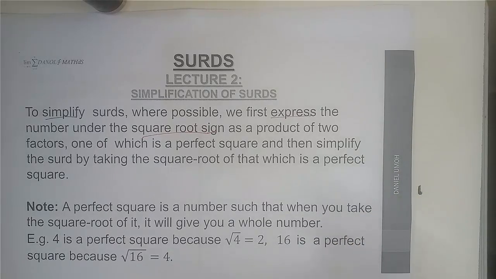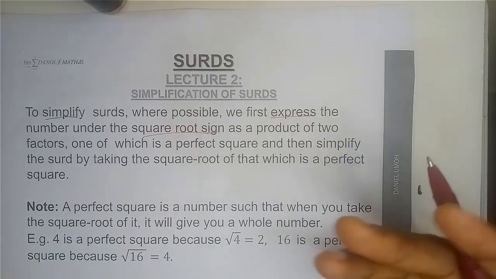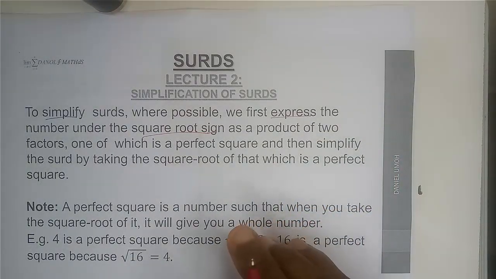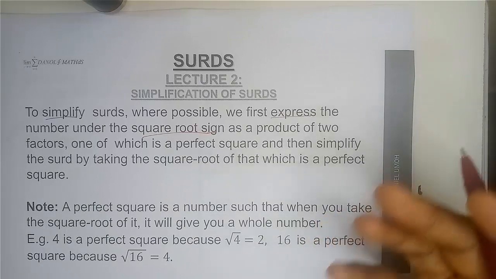To simplify surds where possible, remember, it is possible for surds to be in a simplified form. So when the surds are not in a simplified form, we need to simplify it. So how do we do that?